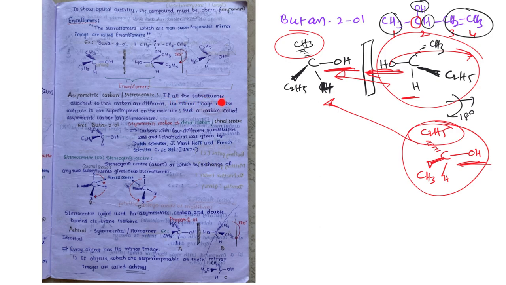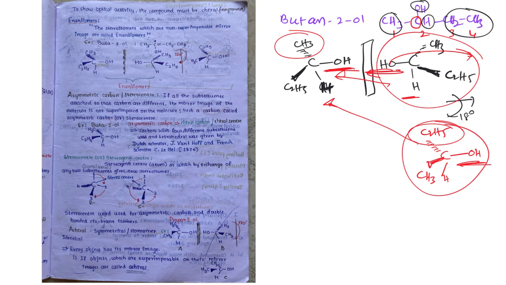Next one, another term we can use here: asymmetric carbon or stereocenter. If all the substituents attached to a carbon are different, the mirror image of this molecule is not superimposable on the first molecule. Such a carbon is called an asymmetric carbon or stereocenter.